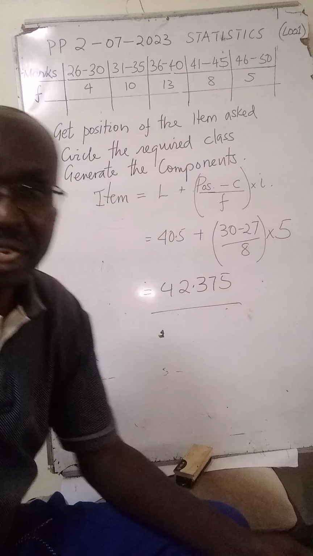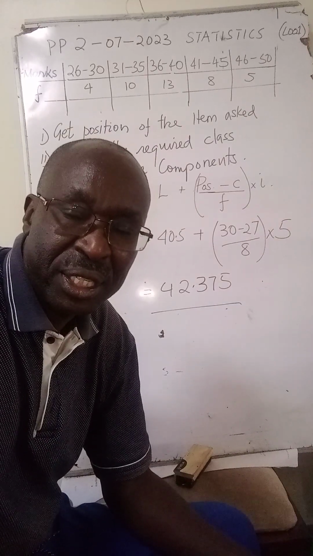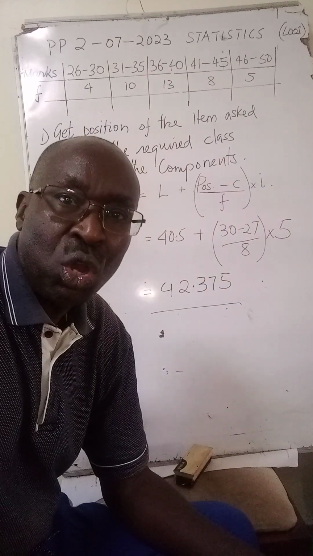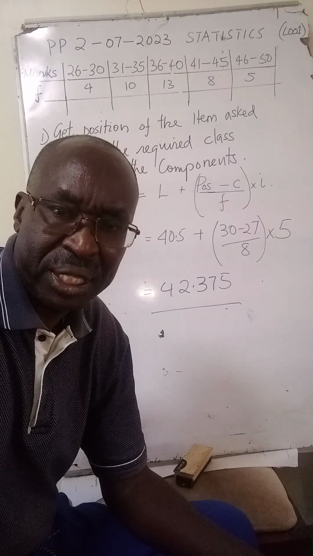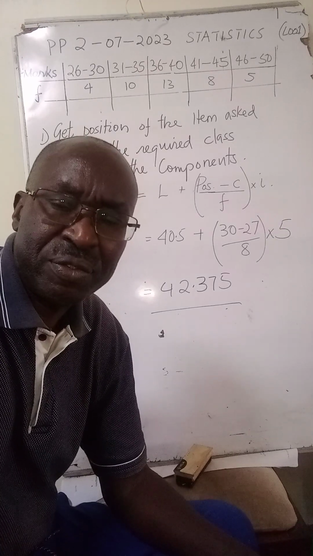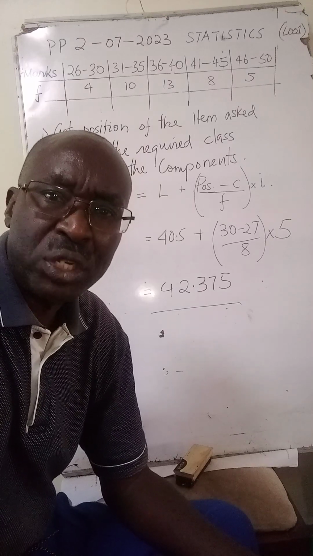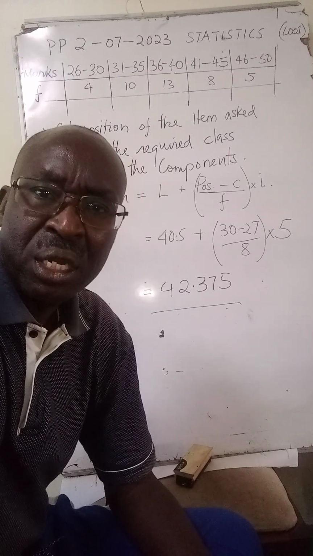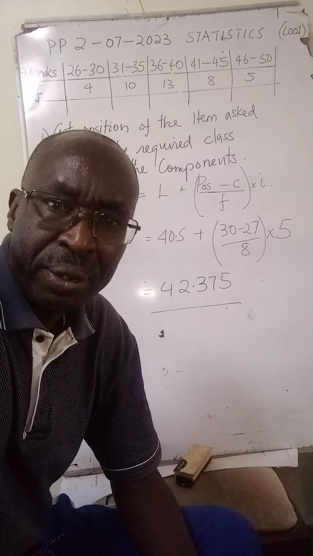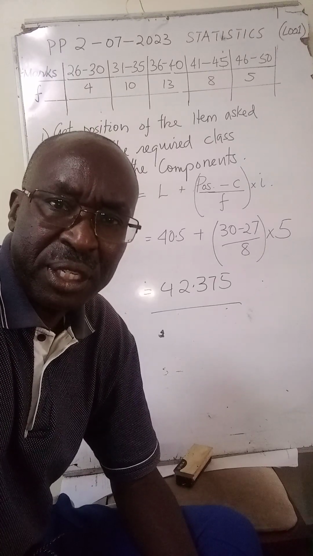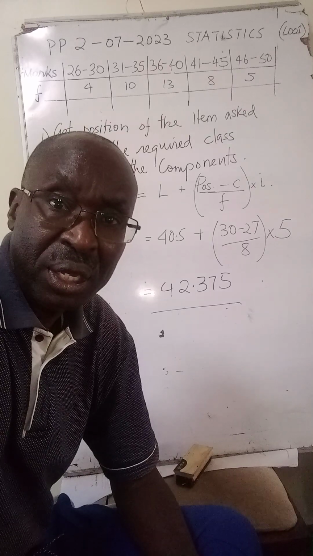This topic is statistics. Okay, so let us look at the basics of statistics. You have to know what is mean, what is median, and what is mode. That is statistics 1.